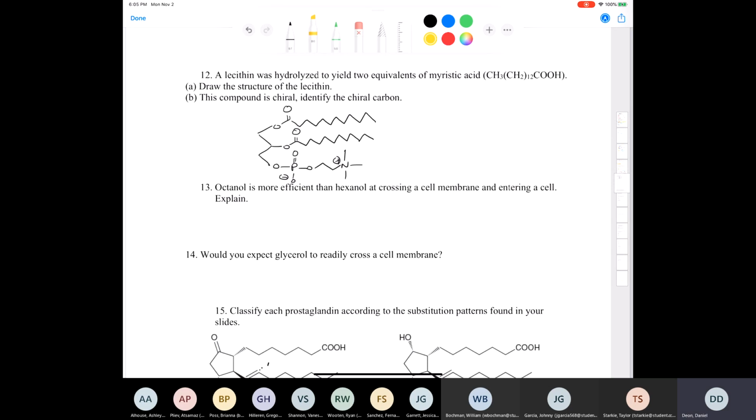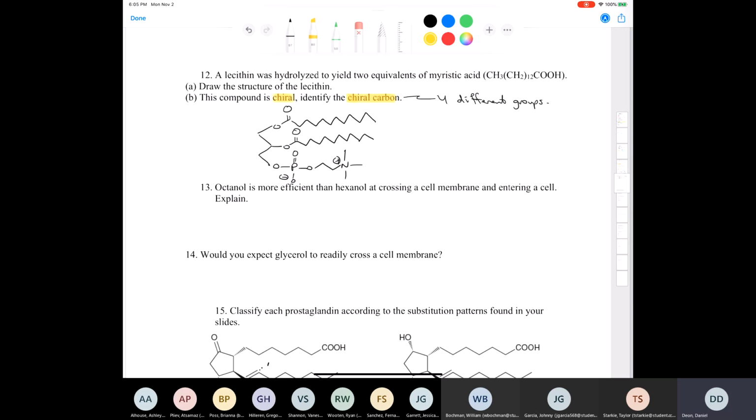No? Okay. Remember that for a chiral carbon, it has to be attached to four different groups. So not four different atoms, it's got to be attached to four different groups.